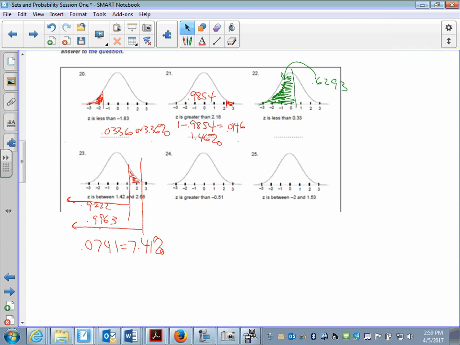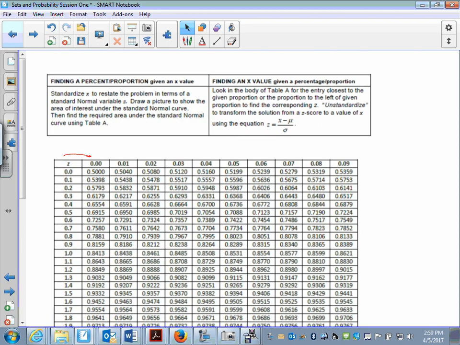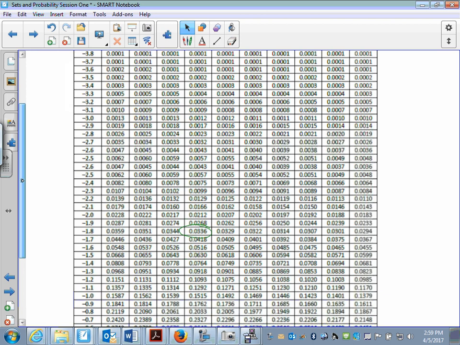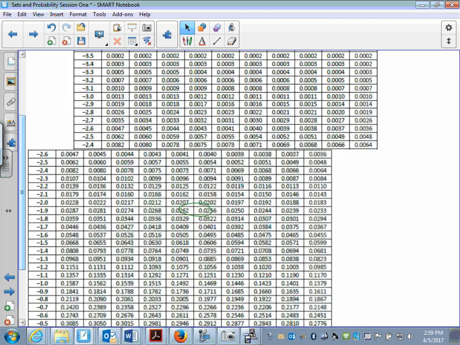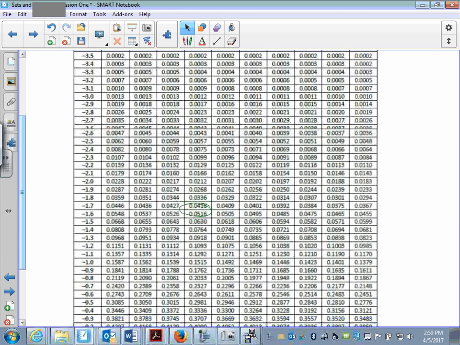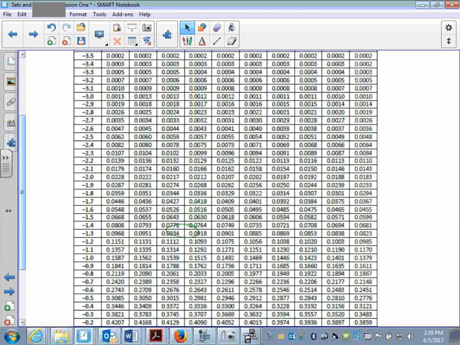Right. Z is greater than negative 0.51. So here is negative 0.51, and we want this region here. Now, when we look in the table, it's actually going to give us the region we did not shade. Negative 0.51 is 0.3050.